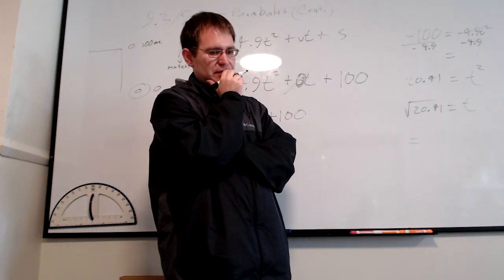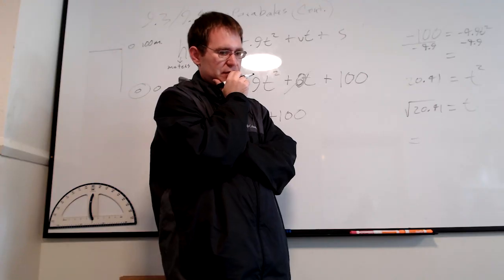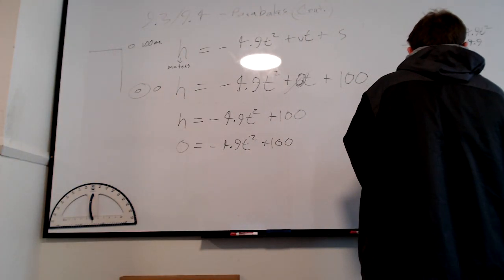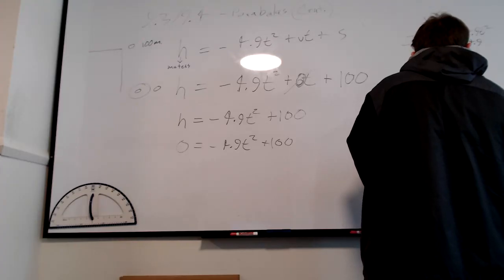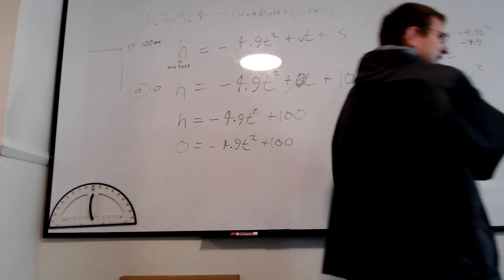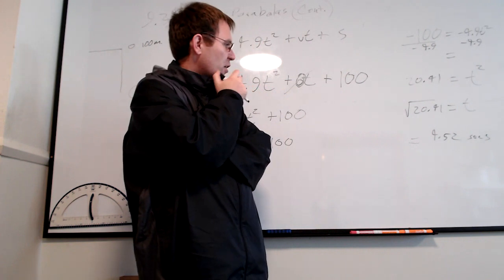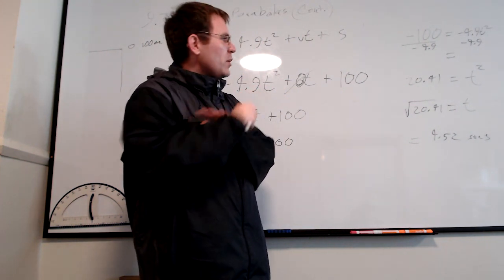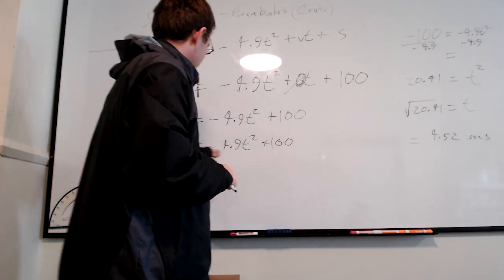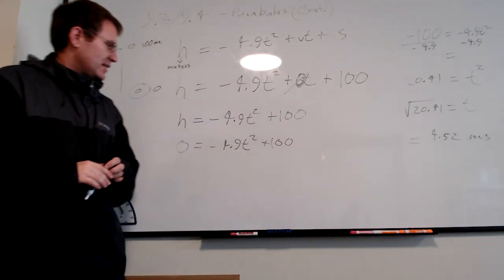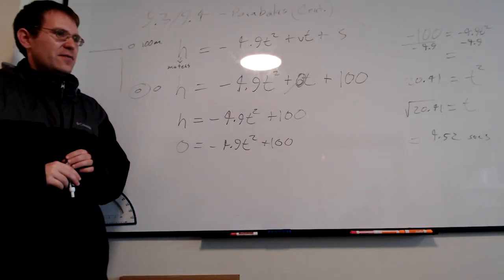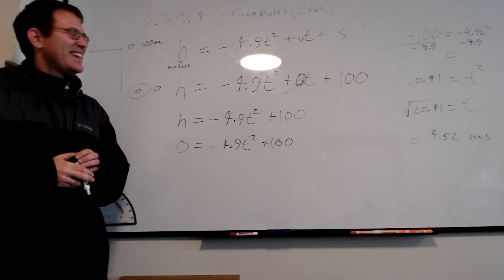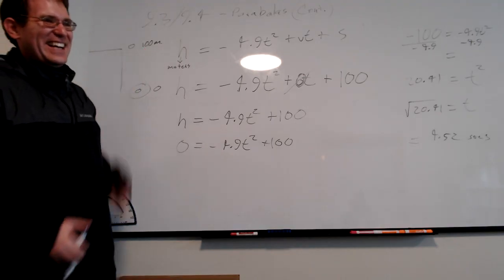About 4.51. Yeah, 4.52 is what I have, but that sounds like you're on track. Okay, so what would be the maximum height for this kind of equation? Anyone guess that? Do we need to make another graph? 100. Right, that's where we started.